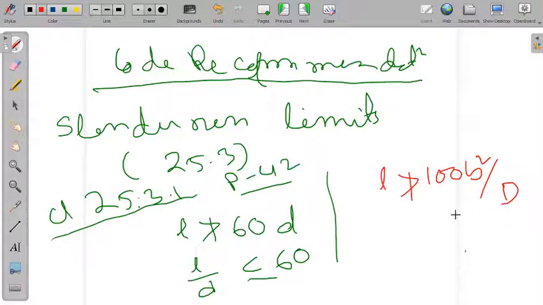Okay, basically in case of column, this L shall be less than or equal to 100 b square divided by d.